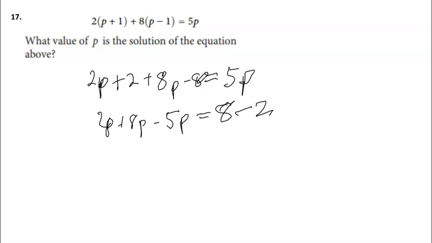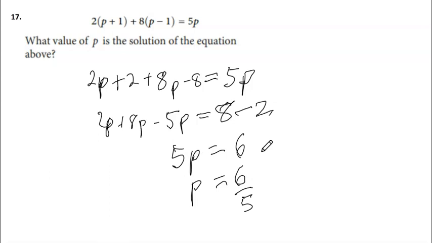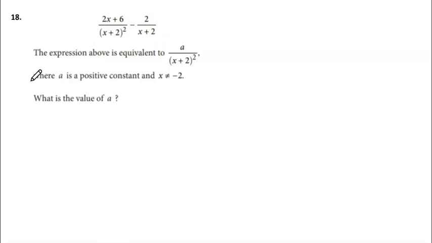And then minus 8 became 8, plus 2 became minus 2. Right? So from here, this is 10p minus 5p. That will be 5p. And then we have 8 minus 2, that is 6. So p is equal to 6 over 5. We get here by just dividing the left side by 5 and the right side by 5 so that the p can stand alone.